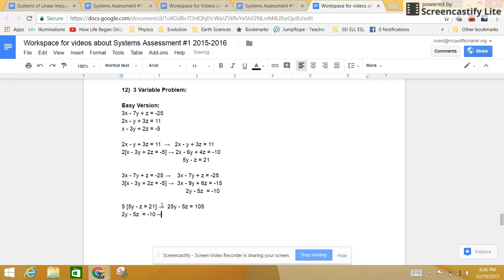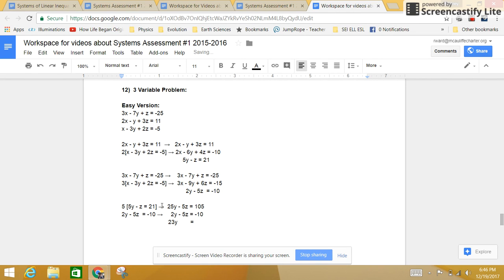And this one stays the same, 2y minus 5z equals negative 10. Now I have the same coefficients for z. I'll just subtract. 25y minus 2y is 23y.